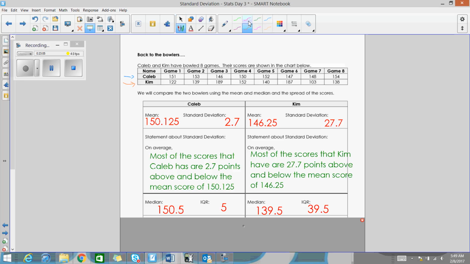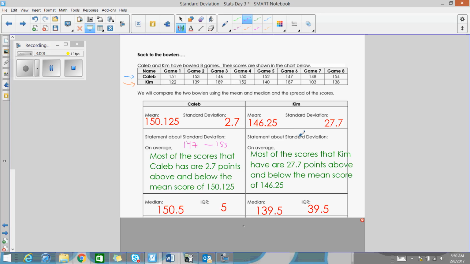There are only about 6 scores that he would most often have: 147, 148, 149, 150, 152, 153. That's awesome. Because his standard deviation is so low, you have a very, very good idea of what this guy's going to do.